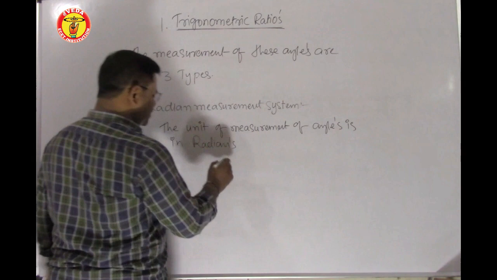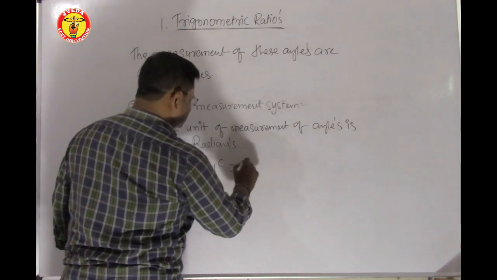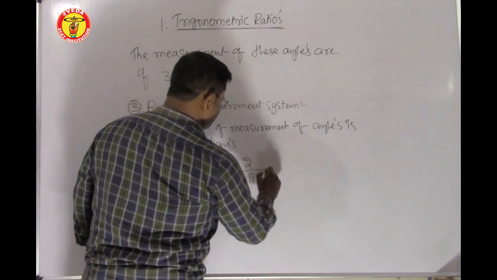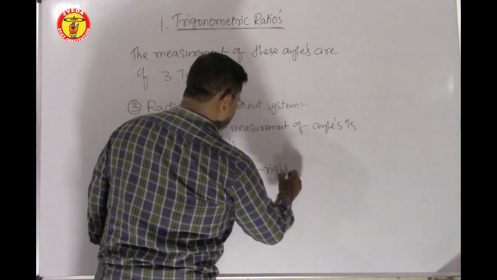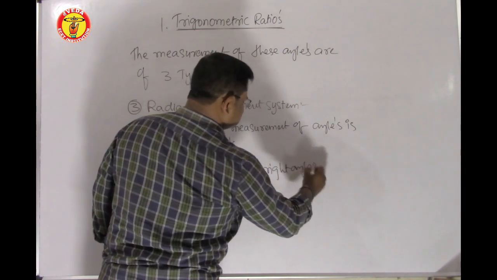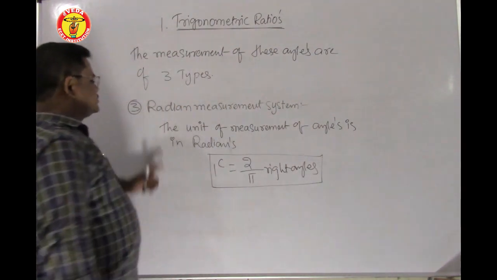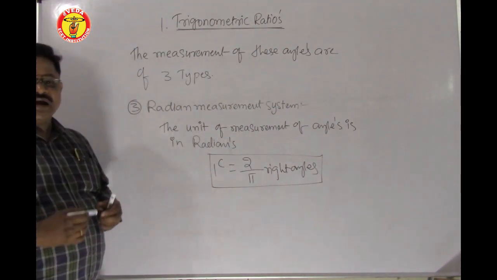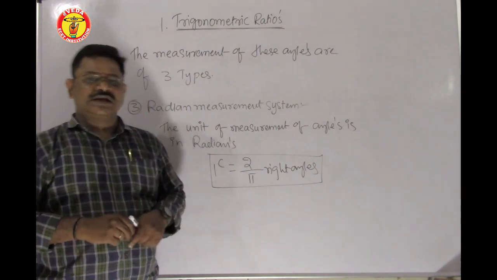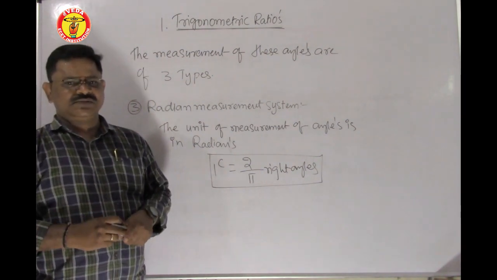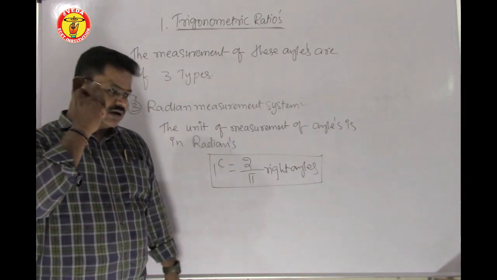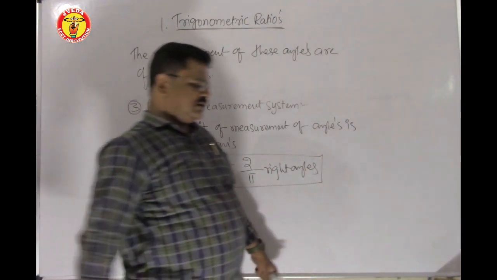Simply, we write this as 1 radian is equal to 2 by pi right angles. And this system is widely used for the measurement of circuits.